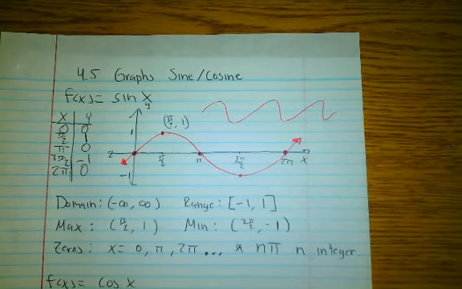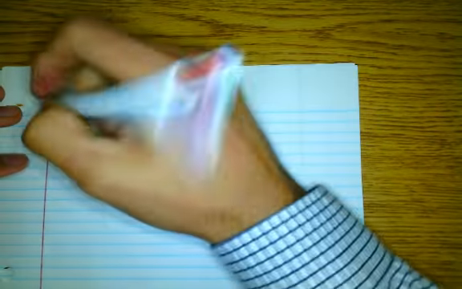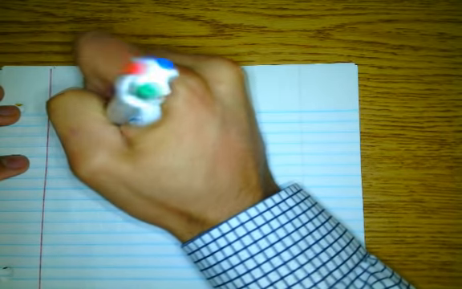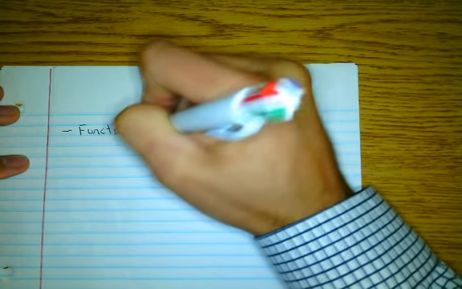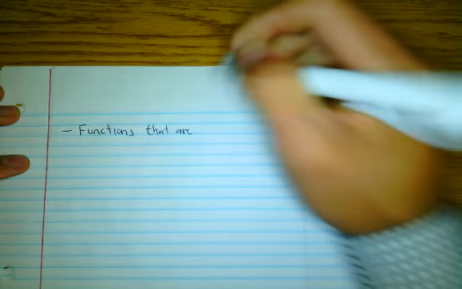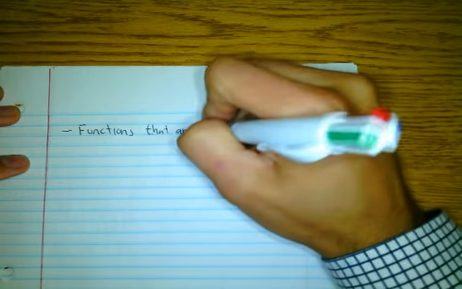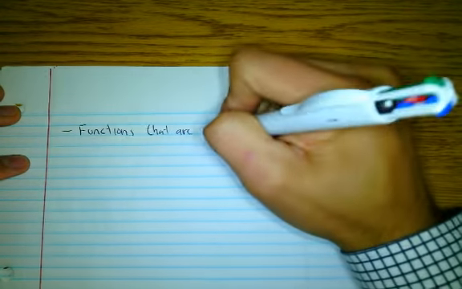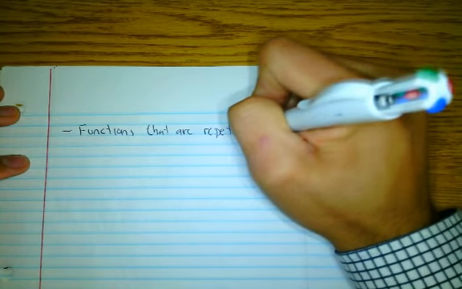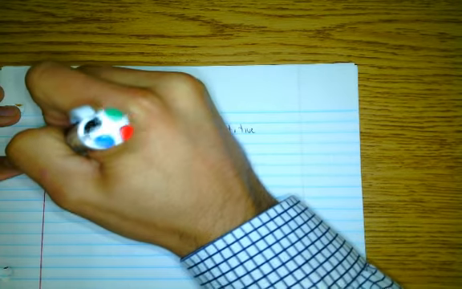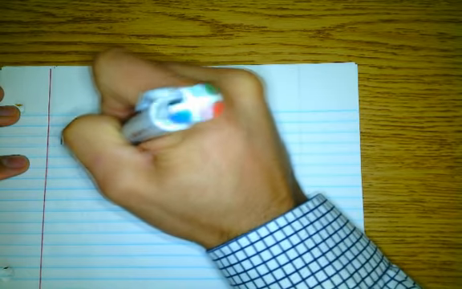When a graph has such behavior, there's a name for it. Functions that are repetitive, like sine and cosine, are called periodic.